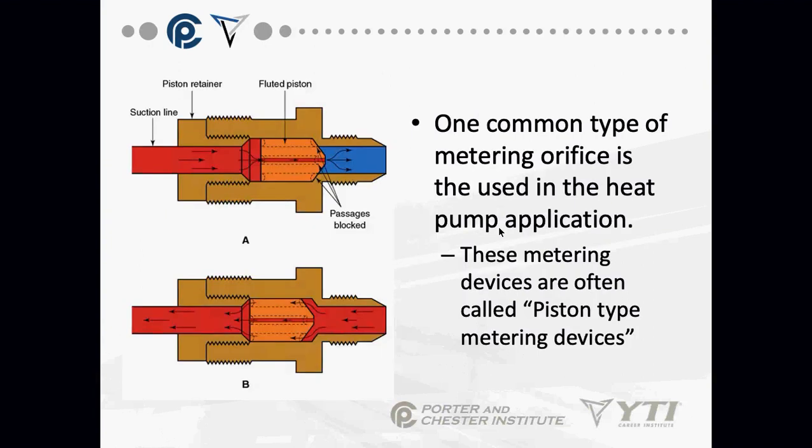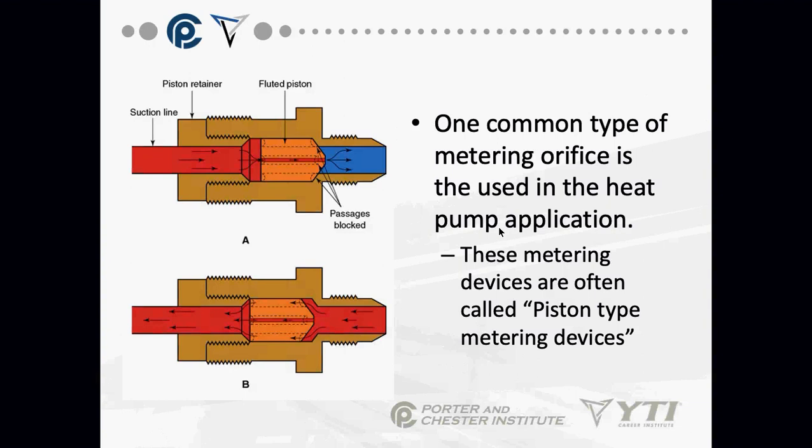Okay, a couple different types of metering orifices used in heat pumps. Again, we'll spend more time on this when we talk about heat pumps. Okay, it's a bidirectional orifice. It's called a piston type. This was the one you were asking me about earlier. Okay, it actually allows refrigerant to flow in both directions.